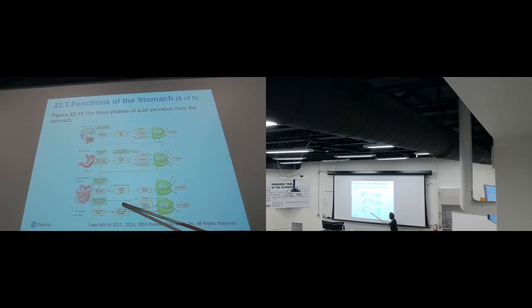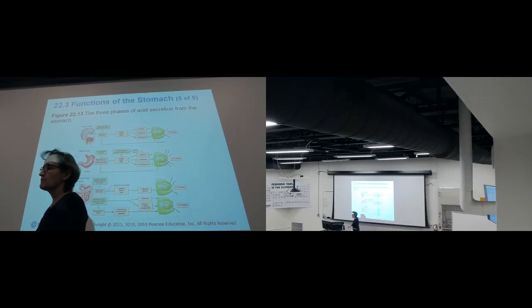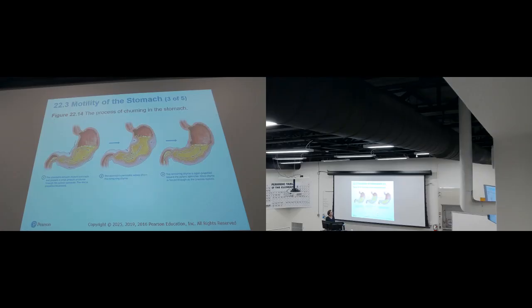And then we have as well the secretion of GIP, which stands for gastric inhibitory peptide, that inhibits the secretion of gastrin. And with this gastrin, you not only stimulate the secretion of hydrochloric acid, but gastrin also increases the motility of the stomach.